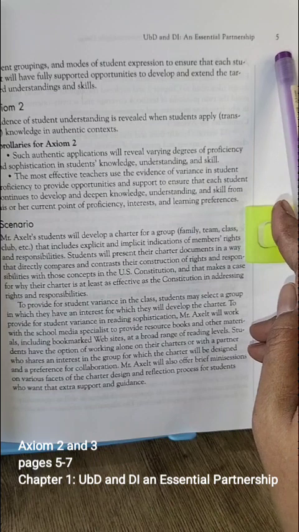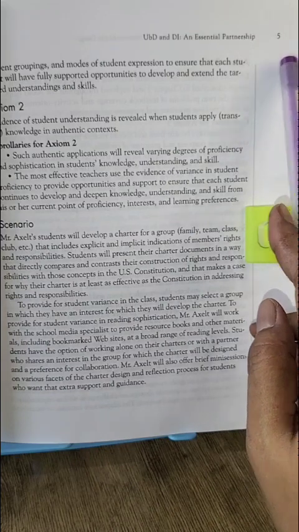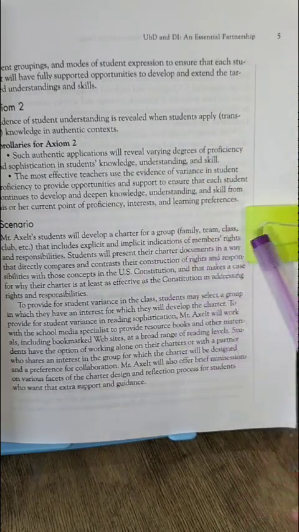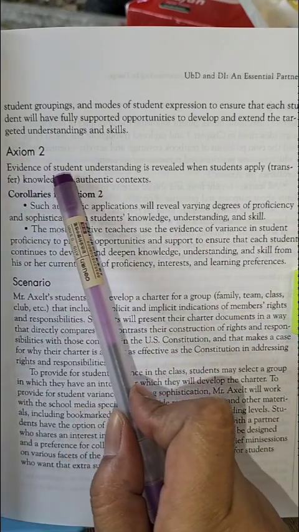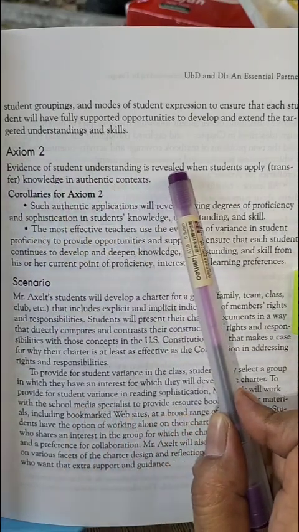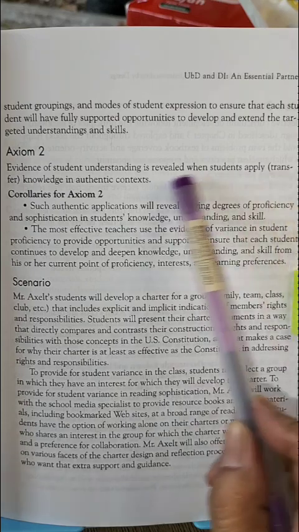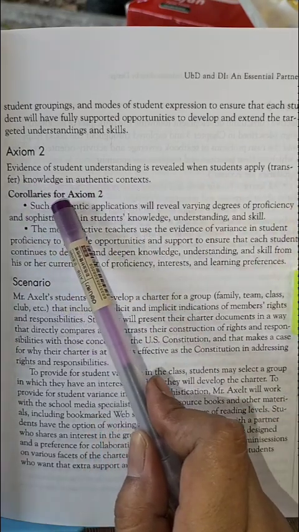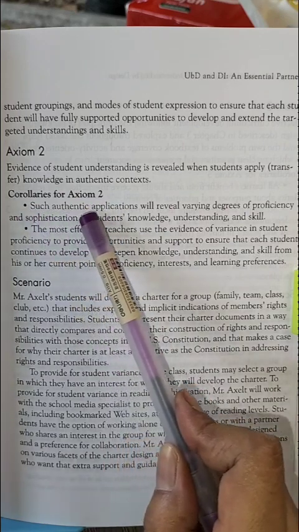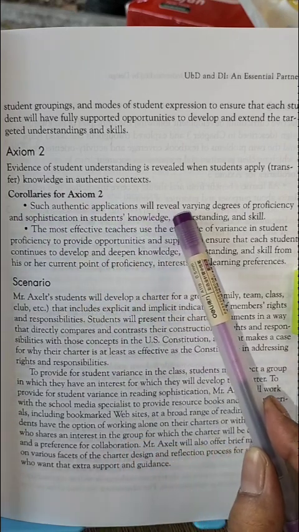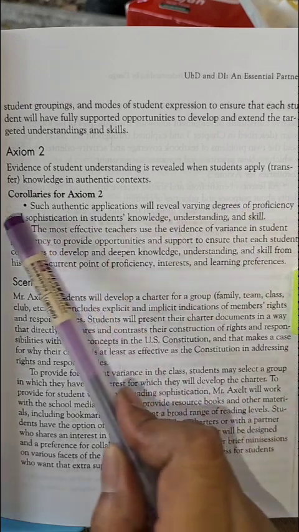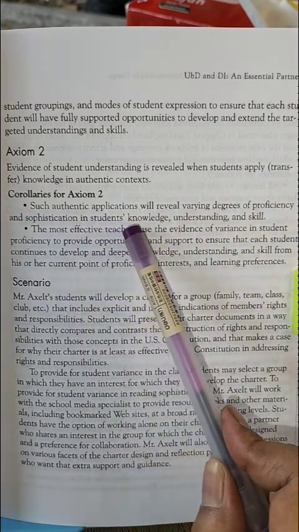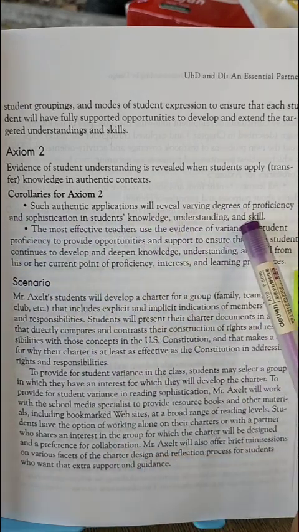Page 5, Chapter 1, UBD and DI Essential Partnership. Axiom 2. Evidence of student understanding is revealed when students apply or transfer knowledge in authentic contexts. Corollaries for Axiom 2. Such authentic applications will reveal varying degrees of proficiency and sophistication in students' knowledge, understanding, and skill.